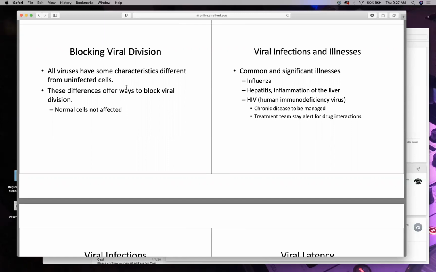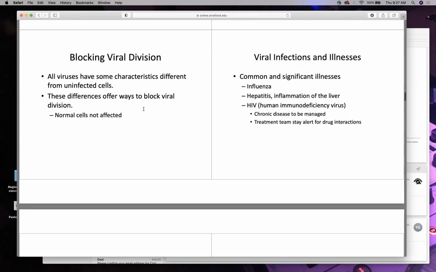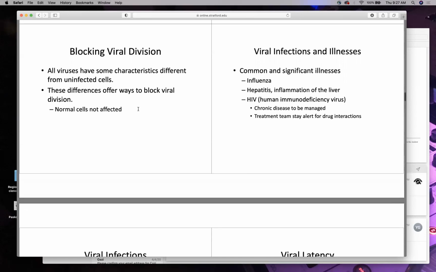So how do we block viral division? Well, we already know that viruses hijack the DNA and RNA. So that's one thing we can do. We can have something that goes inside our nucleus and just blocks the message to make more viruses.